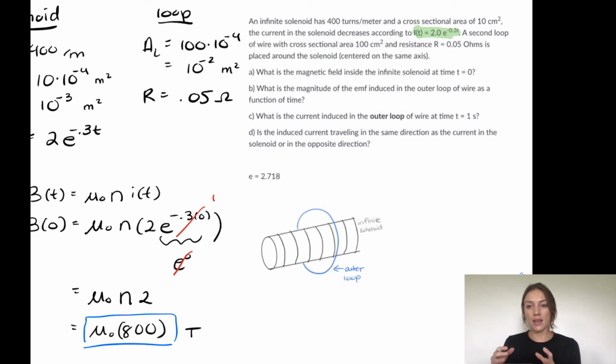So nature is going to want to keep that flux the same by creating a magnetic field to supplement that decreasing magnetic field. So the induced current will be in the same direction as the current in the infinite solenoid because it wants to keep that flux the same, to counteract that decreasing current in the solenoid.